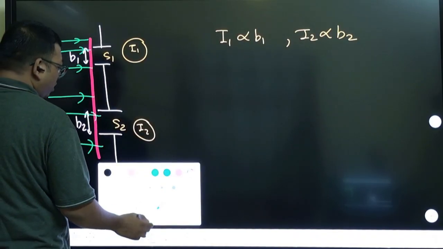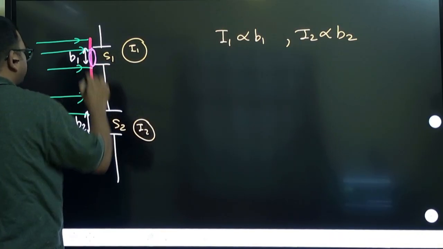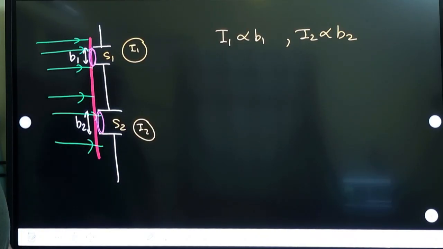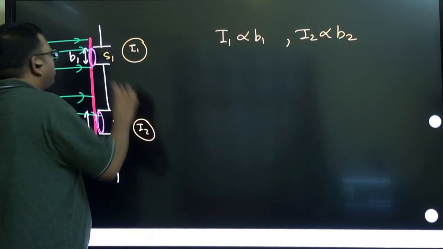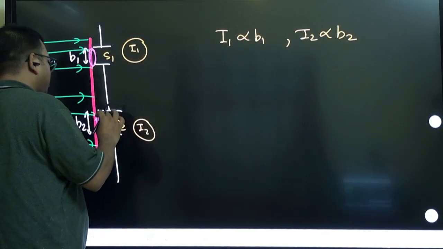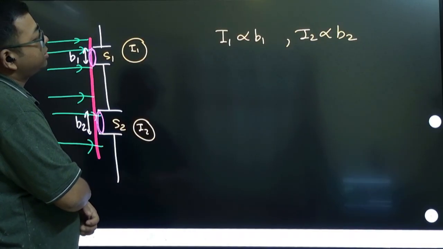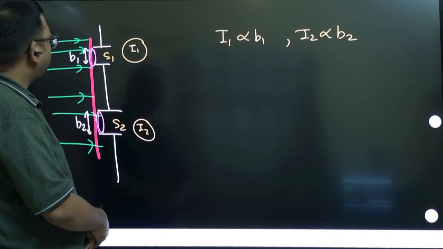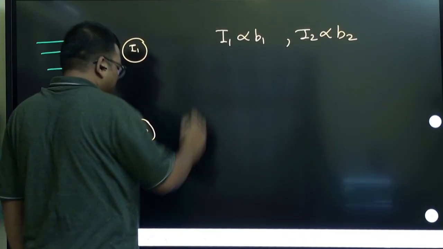So depending on how much portion of this wavefront is exposed, based on that only intensity will be calculated. If the width is more, more exposure will be there, less means less exposure. So that is what it is. Intensity is calculated based on that.